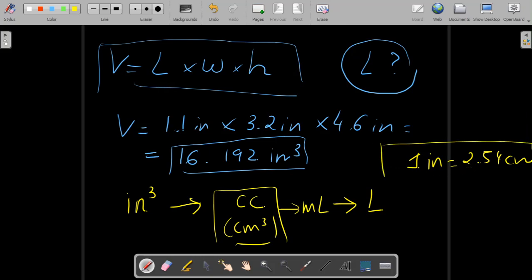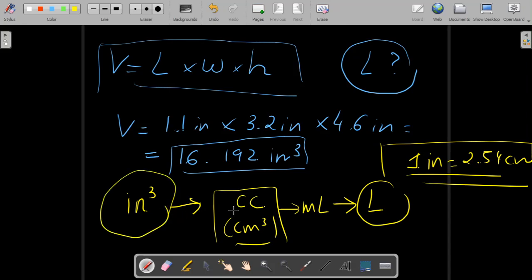And I said to you, please memorize these conversion factors. So if I follow this path, I will be able to go from my cubic inches into my liters, okay? I need to do 1, 2 steps in the middle. Okay, let's do that.